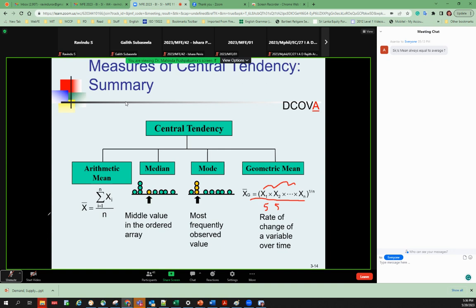The arithmetic mean is 5, and the geometric mean is also 5. Then there may be a small difference if you have different values. But for rate of return, as you explained, it is very useful. You can apply it to calculate the average rate of return for an investment.